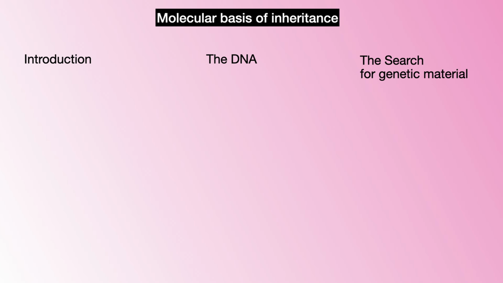He had grown Streptococcus pneumoniae bacteria. Two types of bacteria were grown. One type formed smooth colonies in the culture plate and the other type formed rough colonies. He called the bacteria in smooth colonies the S strain and the bacteria in rough colonies the R strain.